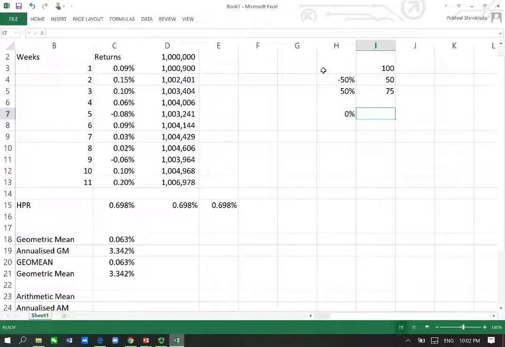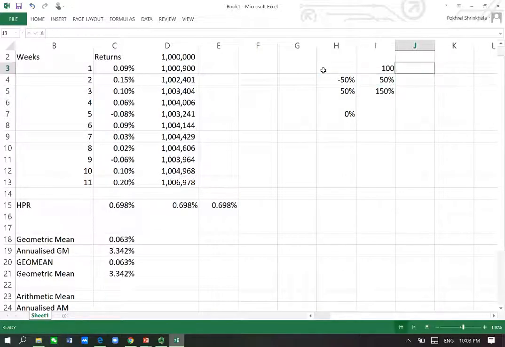So what we therefore can do is find out the geometric mean, for which what we need is 1 plus r, which is 1 plus this rate, equal 1 plus minus 50%, and again the same for here.